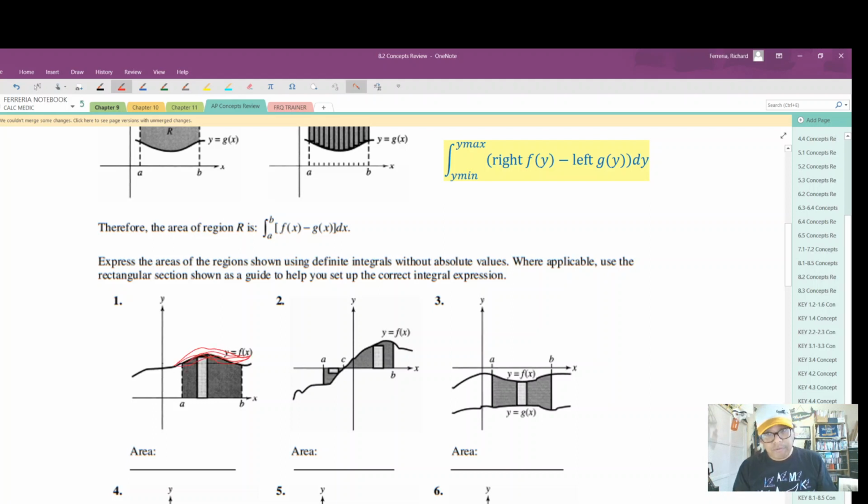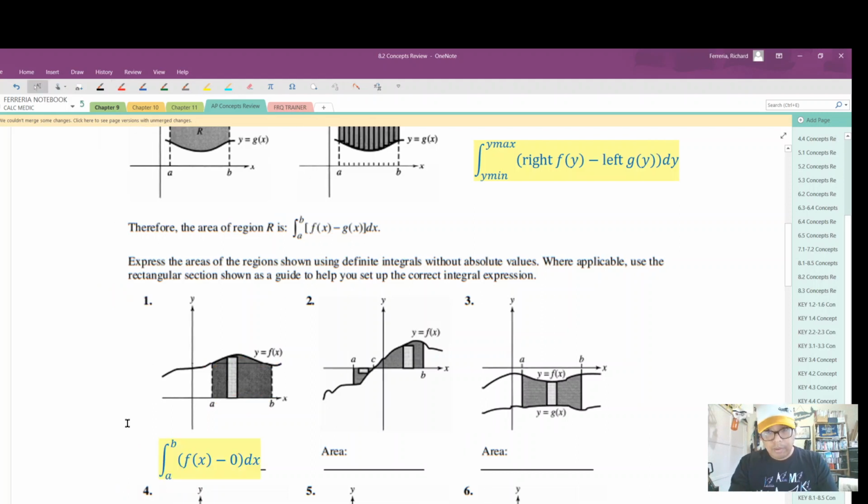And then the lower function is y equals 0. So again, the upper function, y equals f of x. The lower function, y equals 0. And then when you put that all together, you get the integral from a to b of f of x minus 0 dx.